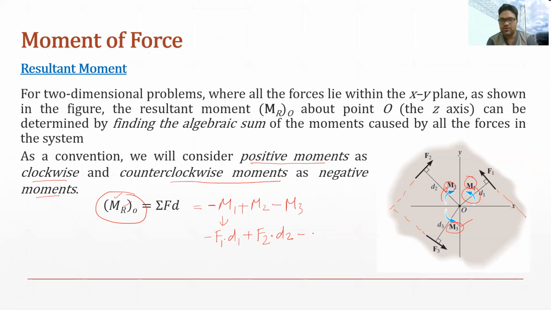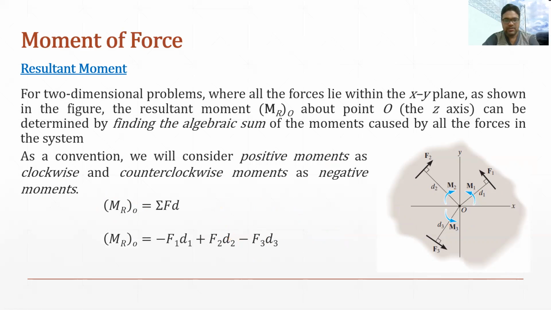So M3 is the product of force F3 and D3, the perpendicular arm. So once we find out this algebraic sum, we can find out the resultant moment. So that is what I have done also here. You can see, this is how we find out the resultant moment when there are n number of forces acting on the body.